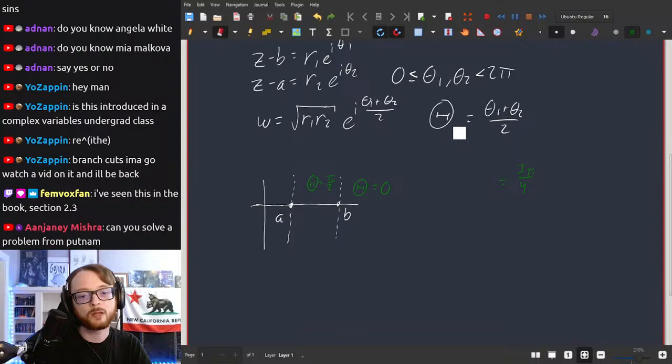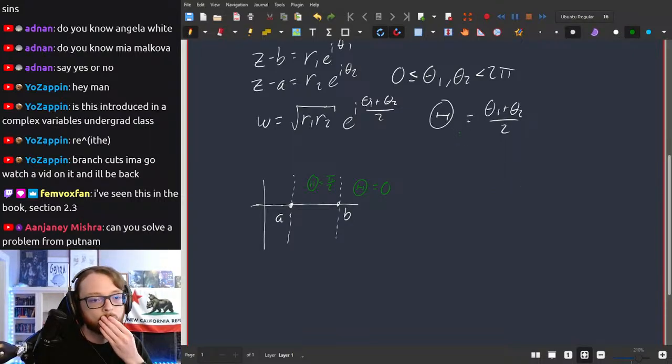What's the soonest we can get a total angle of pi? Is it always right here? Or is there another place we can get a total angle of pi? I think it's just always right there.